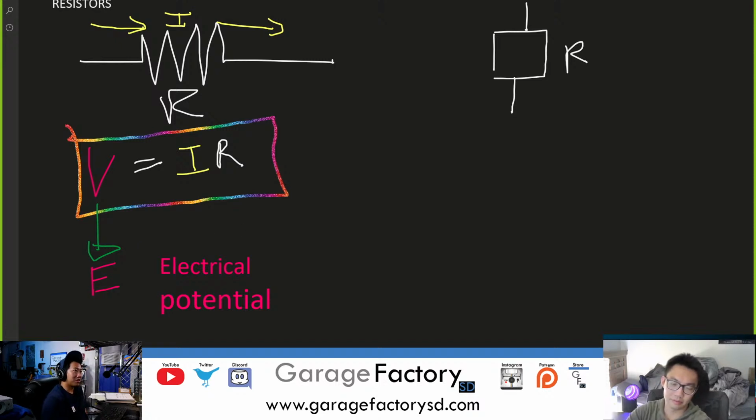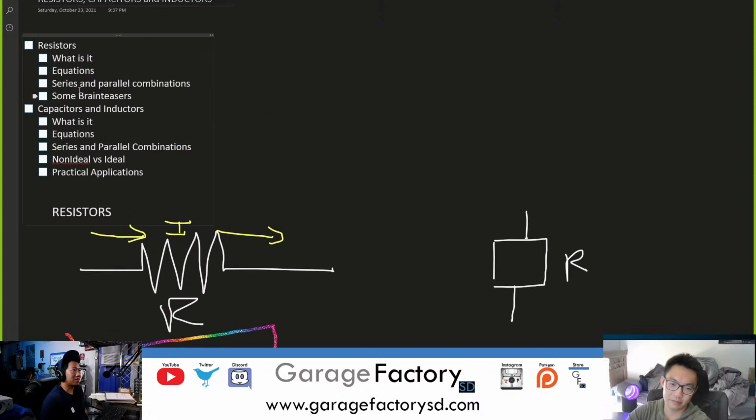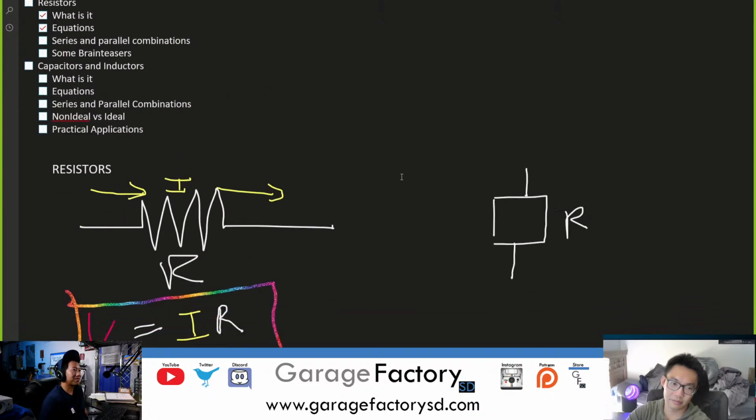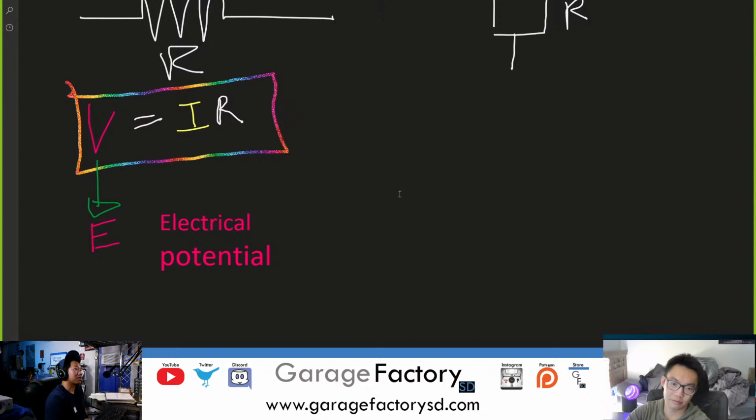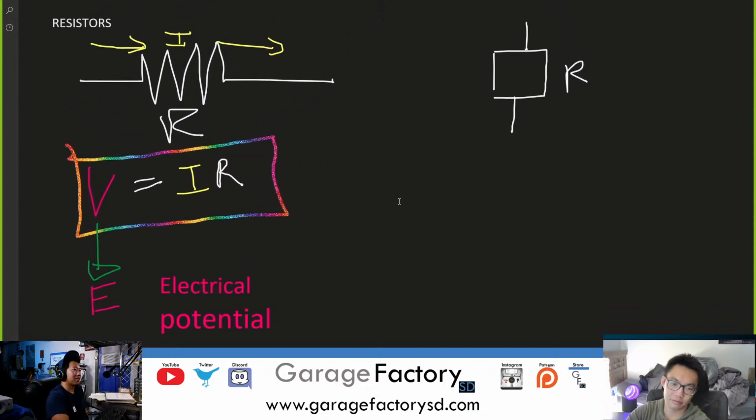Alright, so now we've got what it is and equations. What else? Series and parallel combinations. Actually, there's more equations. Another important equation is power. Power, P, equals V times I. Why bring up this equation?